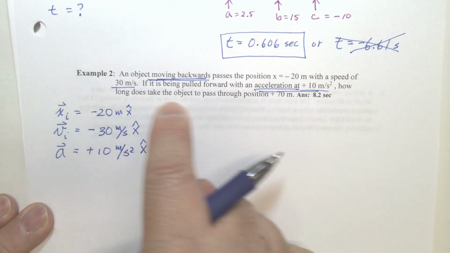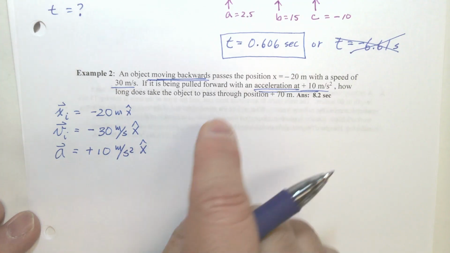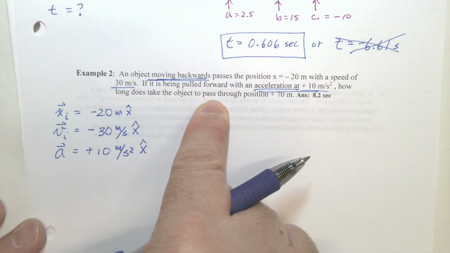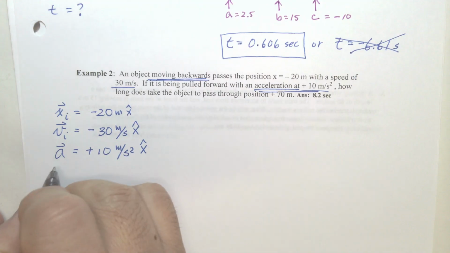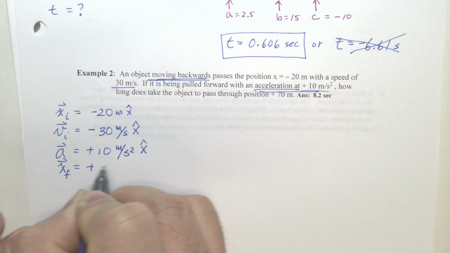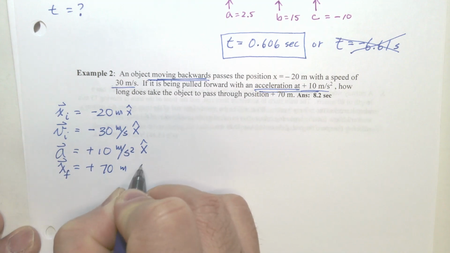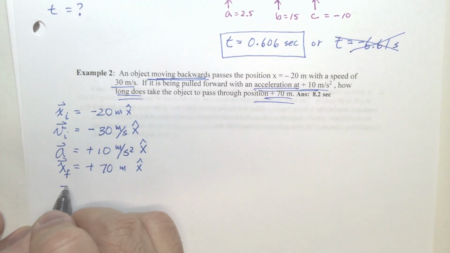How long does the object take to pass through the position positive 70 meters? So that's x final happens to be positive 70 meters, and they're looking for how long, which is the time.